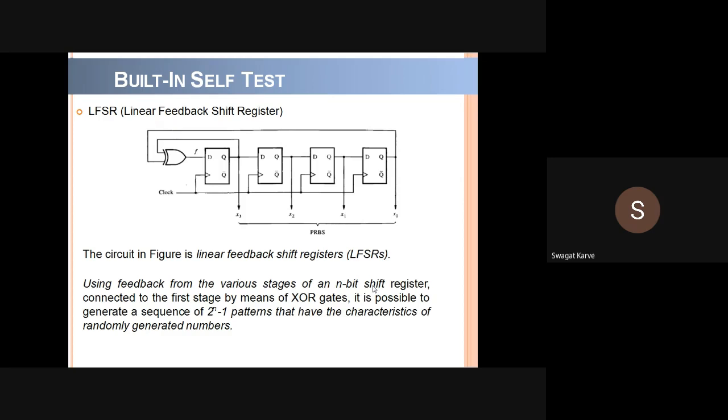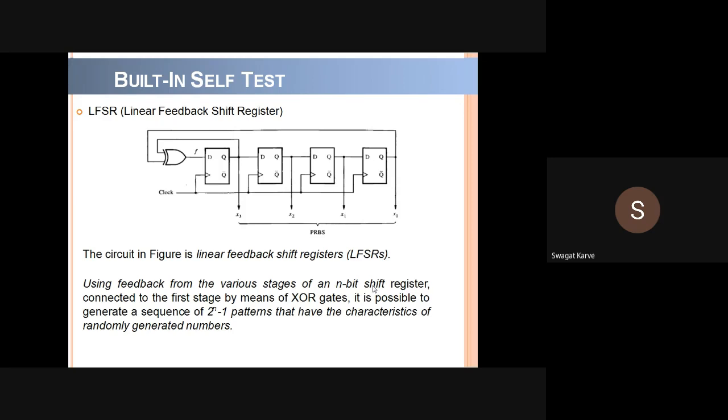And if your circuit follows this principle, then you can say it is a linear circuit in case of digital design. In case of analog, you have the superposition principle. But in case of a digital circuit, to verify whether the circuit is linear or not, you use a modulo 2 addition, which is nothing but the XOR addition.